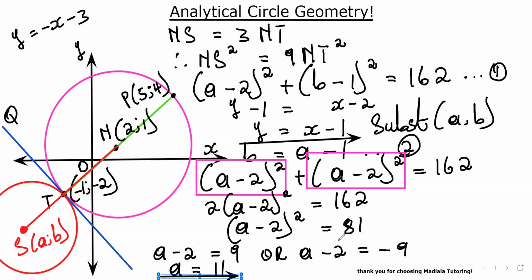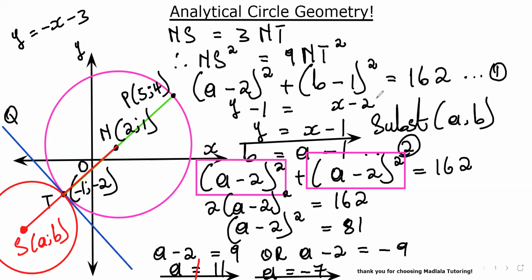But then if you take your negative 2 to the other side, you find that A has to be negative 7. So the question is, between these two values of X, which one appears to be correct? Well, it's undoubtedly negative 7, because you can see that in the third quadrant, it's where the values of X are negative.